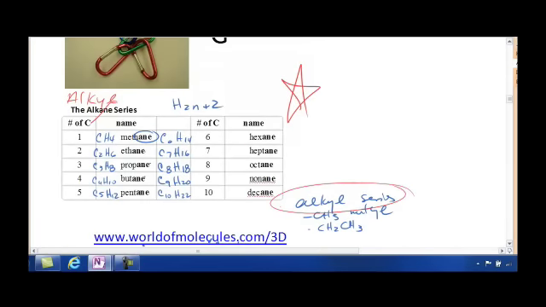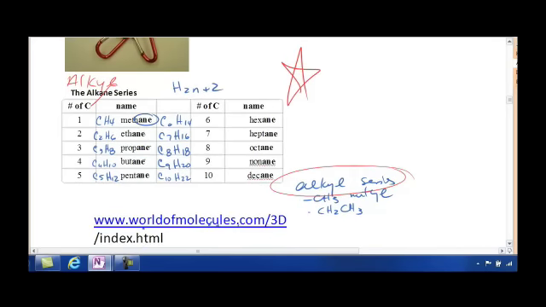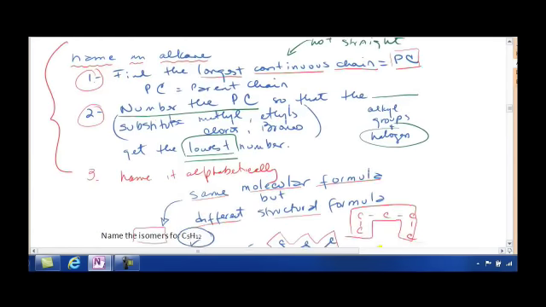Now, first you learn it with alkanes, with alkyls, with alkenes, with alkynes, and then you go to cycloalkanes. And then you go to cycloalkenes. And it's the same, okay? So I'm going to do a cycloalkane, but I'll bring you back the alkane first, okay? So I'm assuming we know alkanes, and you're going to do many of these. One for alkanes, one for alkenes, one for alkyl groups.